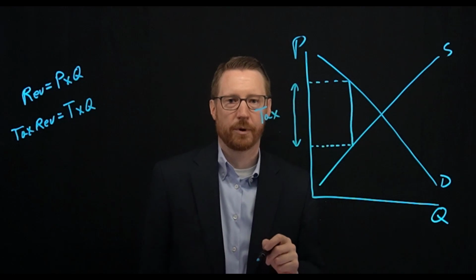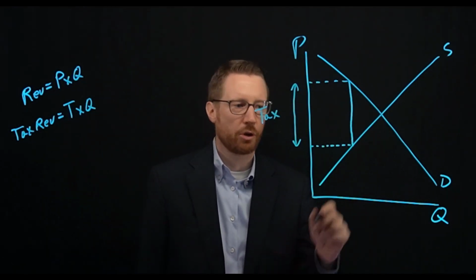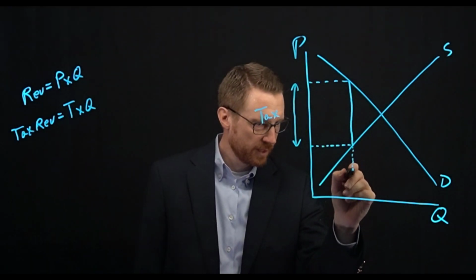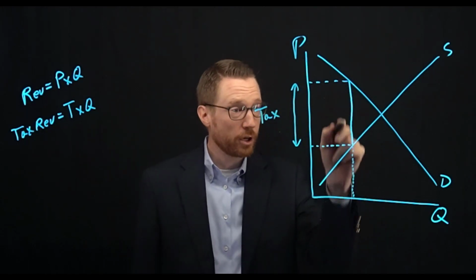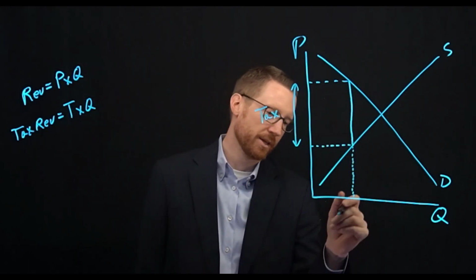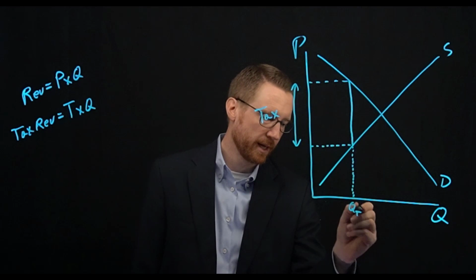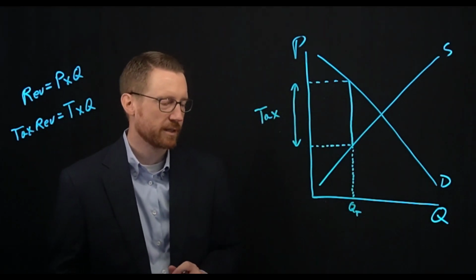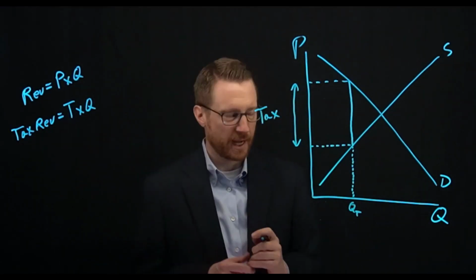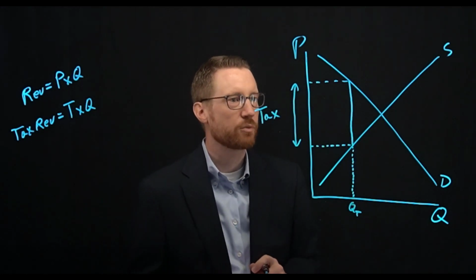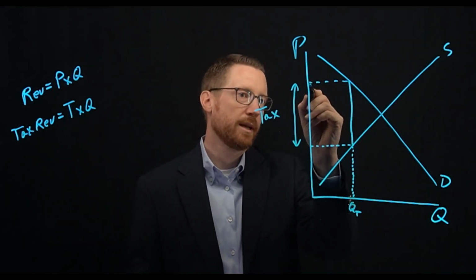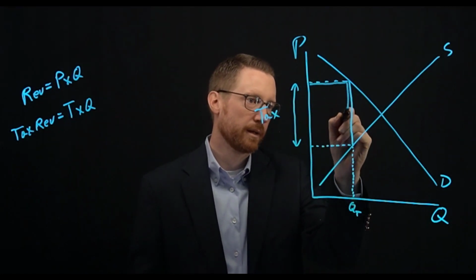And when the tax is put in place, how much is sold? Well, it's the quantity where those two curves are separated by the amount of the tax. So this is our quantity with the tax in place. So where is tax revenue then? Tax revenue is going to be this rectangle.